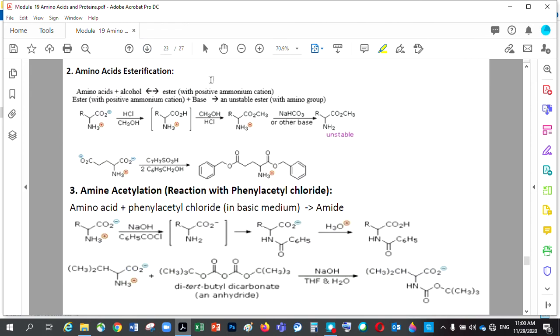The second reaction: amino acids are acids, correct? And because they are acids, they can undergo esterification, making esters. That's always the case. At the end, they are carboxylic acids, regardless. They have an alpha carbon next to the carboxylic acid, and they have an amino group, NH2. So this one here is the amino group.